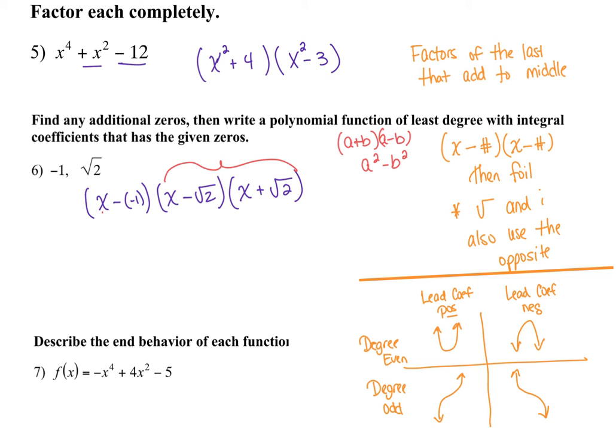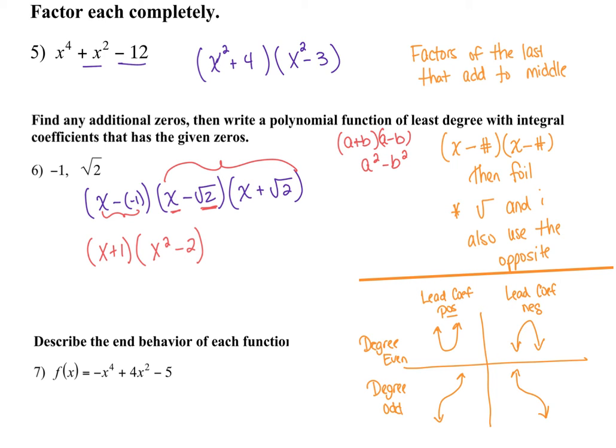I'm going to leave this alone other than to change it to x plus 1. And this is going to become the first one squared minus the second one squared. What happens when I square a square root? So this is just a 2. And I've already FOILed those last 2 groups.